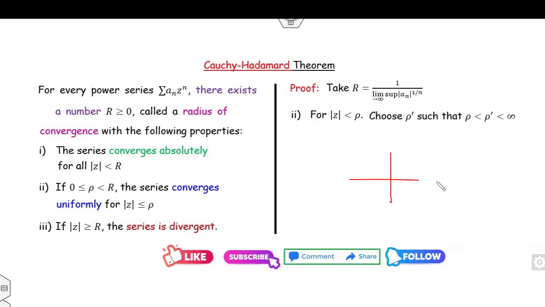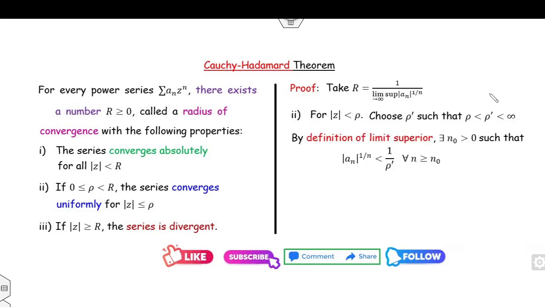Again, because this is my circle of radius rho, by the definition we can construct another one. Oh, sorry, this r is outside. I can choose another radius of this length, radius rho dash, which is greater than this, such that the an raised to power 1 over n is less than 1 over rho dash, by the definition of the limit supremum.